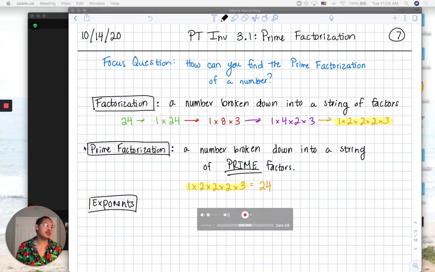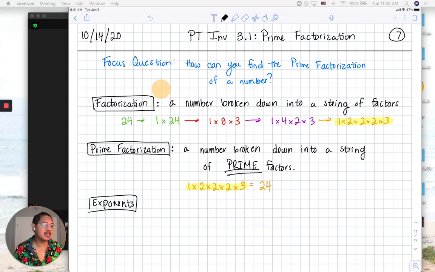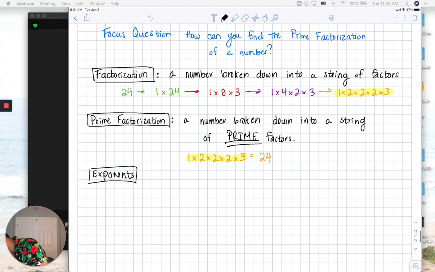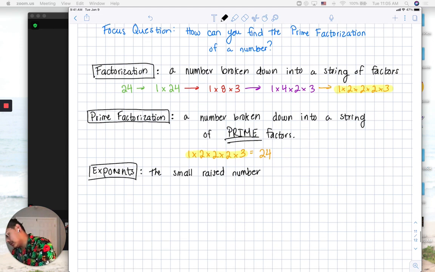Exponents are really nice because think of it like an abbreviation almost. The definition for exponents is the small raised number that tells you how many times a factor is used.